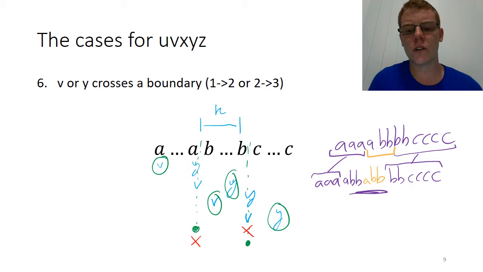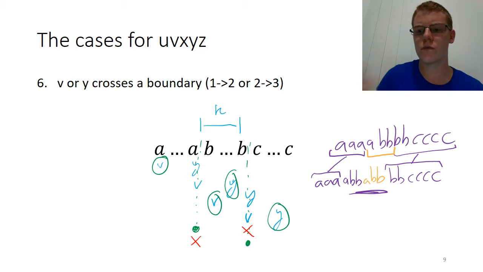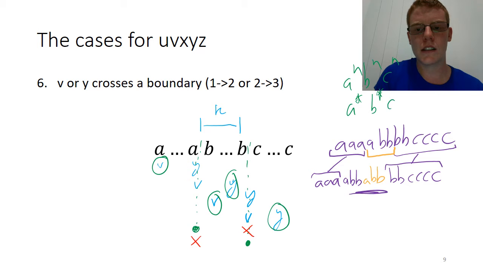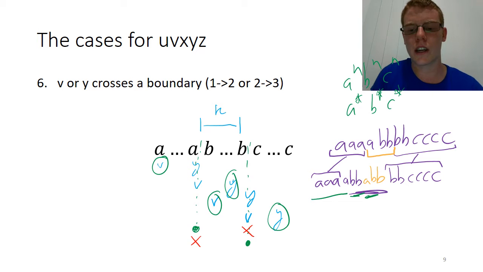But the other thing is it no longer matches the form of the string, because remember, every single string in A^n B^n C^n is also a member of A star, B star, C star. And it's clear that this doesn't fit A star, B star, C star. It's got some A's, followed by a certain number of B's, followed by a certain number of A's again, which is already out of the case, and then some B's and then some C's.